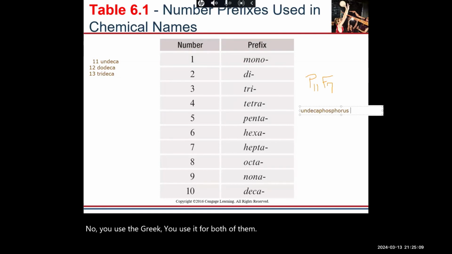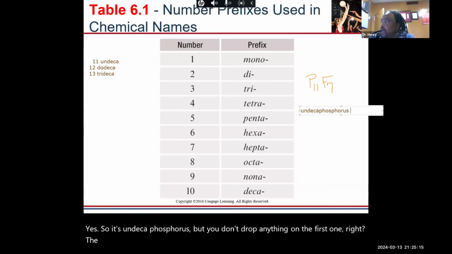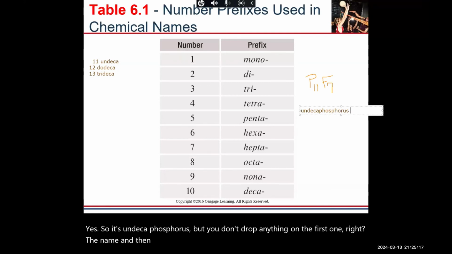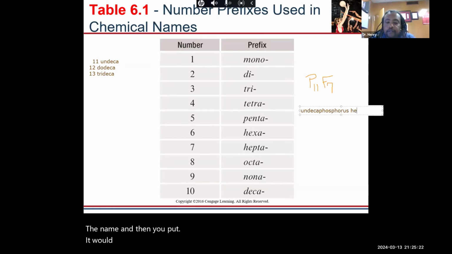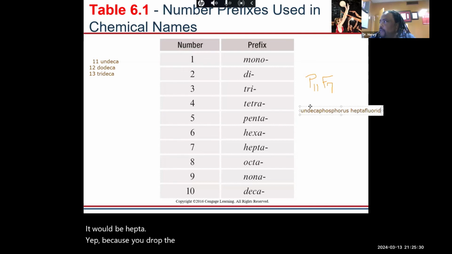So it's undeca phosphorus, but you don't drop anything on the first one. And then it would be hepta fluoride, because you drop the INE and you replace it with IDE.